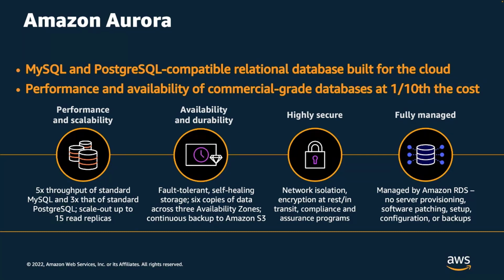So in essence, Aurora is a cloud-native, massively scalable and available database. It aims to address high-end commercial and enterprise use cases in a way that MySQL and Postgres don't do by themselves. And Aurora aims to do it at a lower cost to customers than the legacy commercial databases.